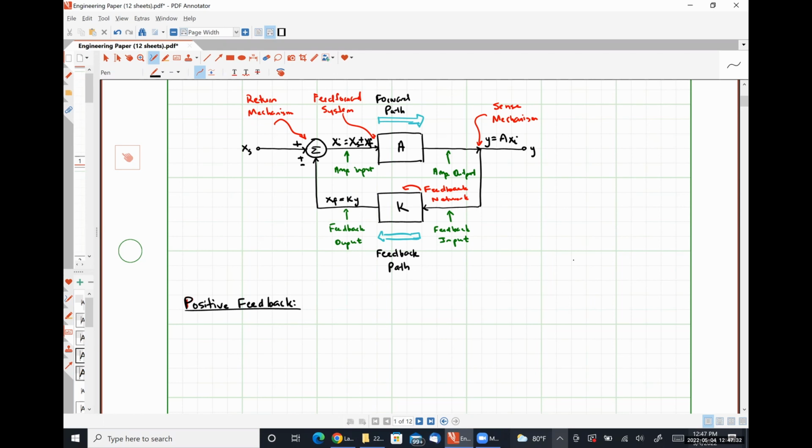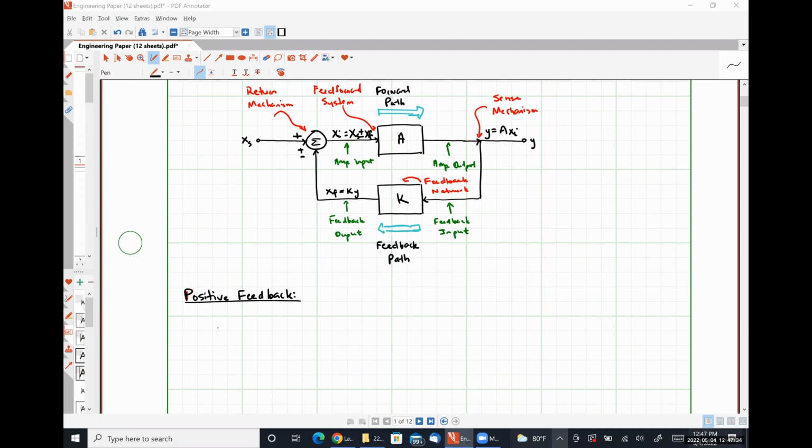Okay. So AF is our closed loop gain. And it can also be referred to as our gain with feedback.